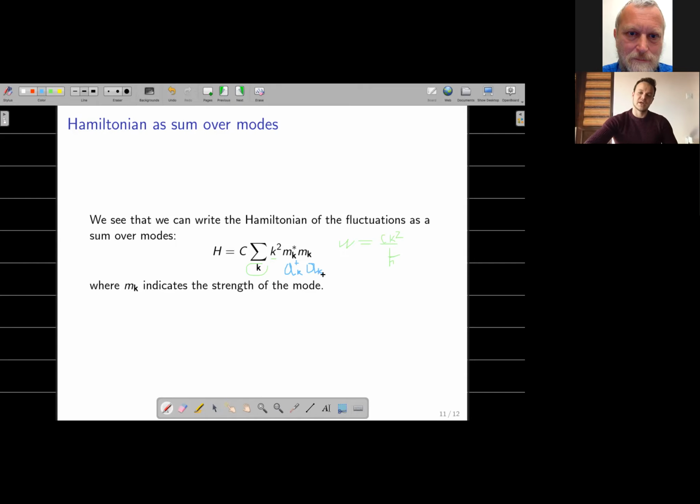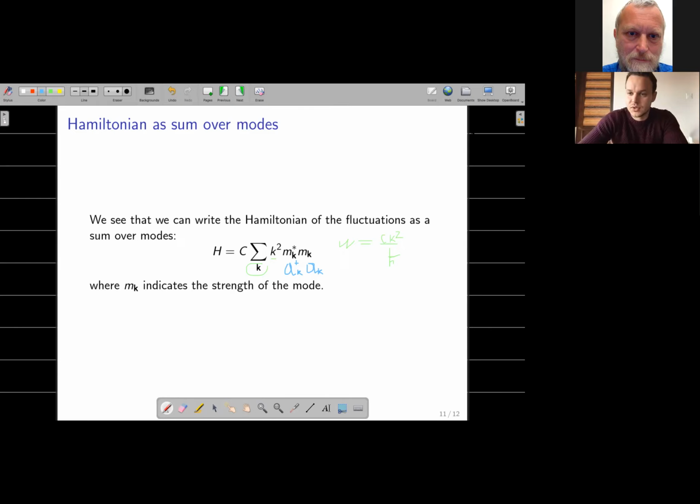And the fluctuations of the field can be understood also as magnons or particles, quantum particles in this case.